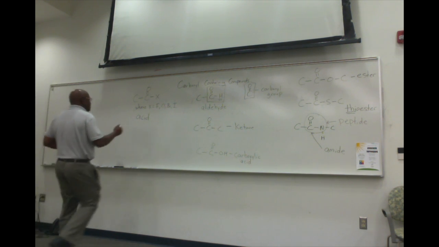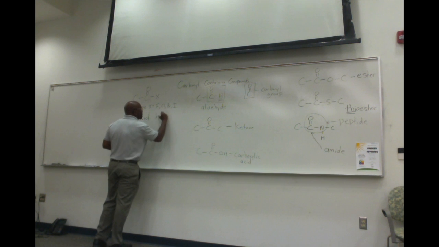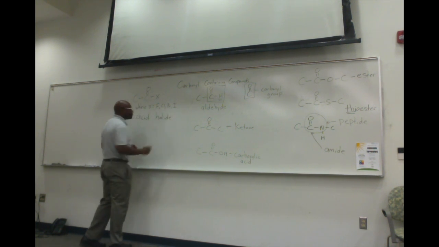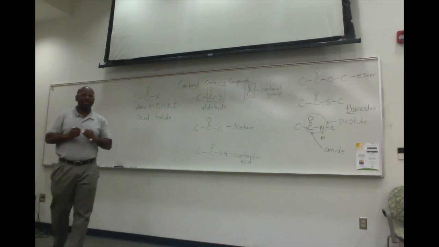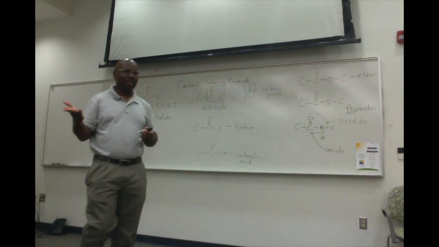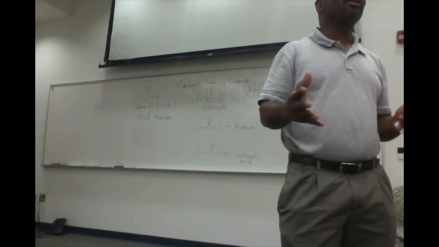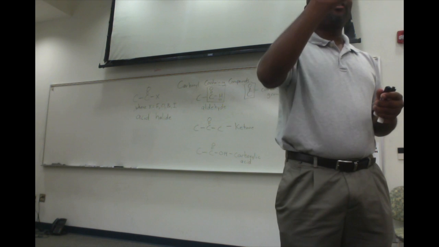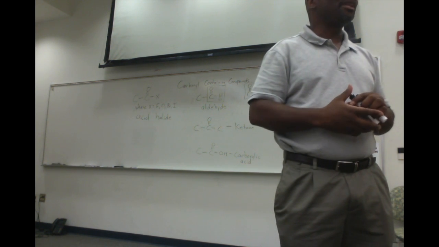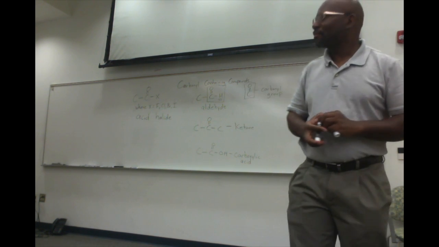So those would be an acid halide. Do we have a little X group that we said last time as far as an alkyl halide? So we're not trying to reinvent the wheel every time we define something. All we try to do is tweak a little bit of stuff here as far as different names.